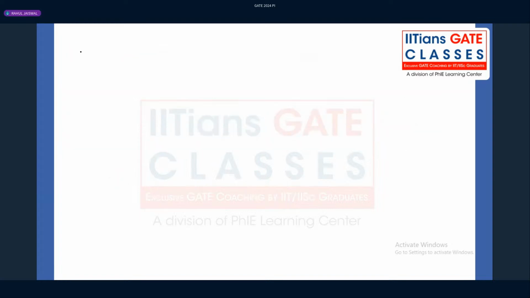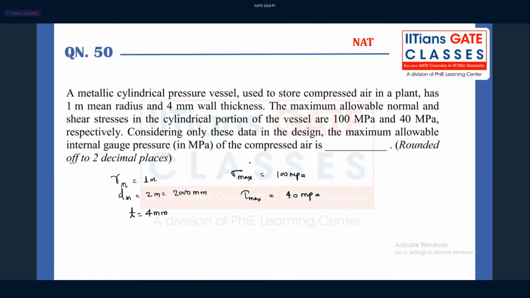So first of all, in a cylindrical pressure vessel, everybody knows that there will be longitudinal stress and hoop stress. What is the longitudinal stress? PD over 4T. And what is the hoop stress? PD over 2T, guys.